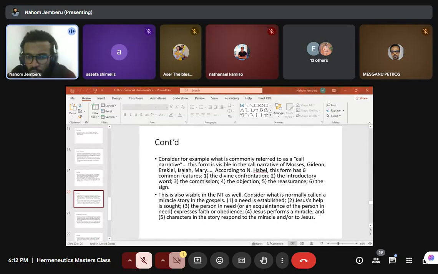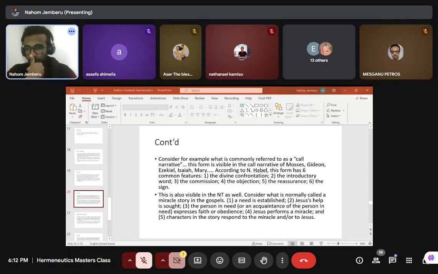So there is that objection. And then the reassurance comes. The divine agent will reassure the person who is being called. And then there will be a sign. They will ask for a sign, or the divine agent himself will promise a sign.